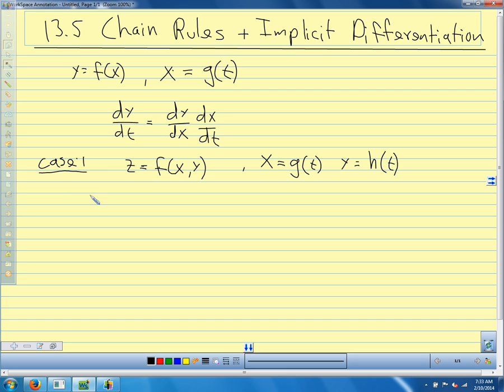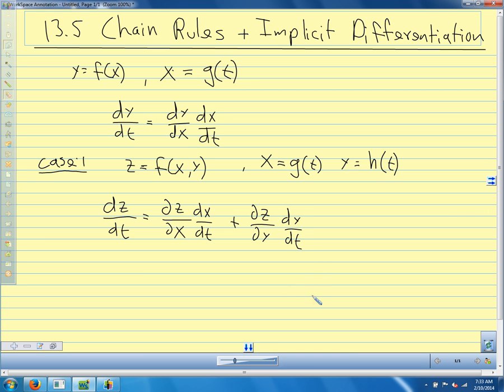So our case 1 chain rule is dz/dt is dz/dx times dx/dt plus dz/dy times dy/dt.